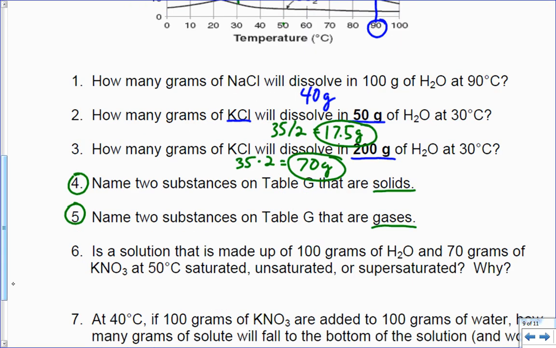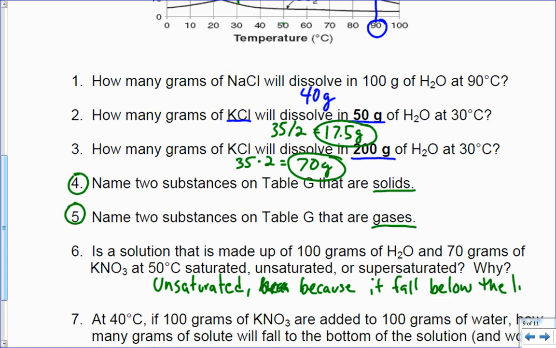So the answer to this one is unsaturated because it falls below the line. Okay? Below the line is unsaturated.